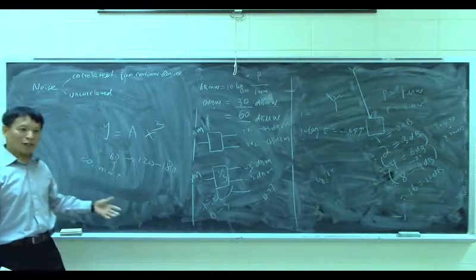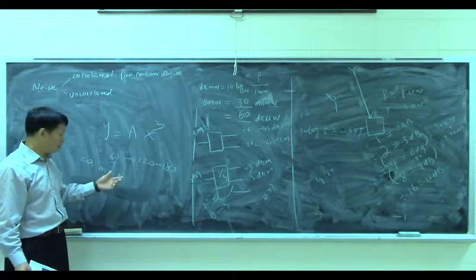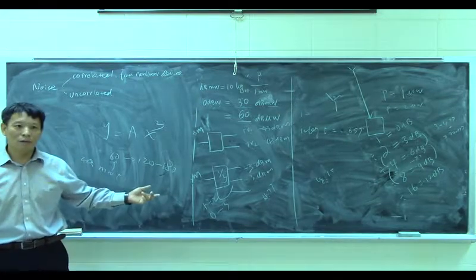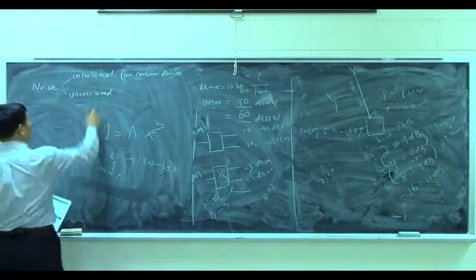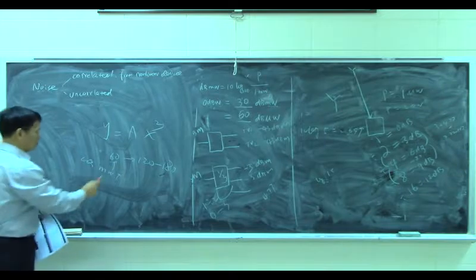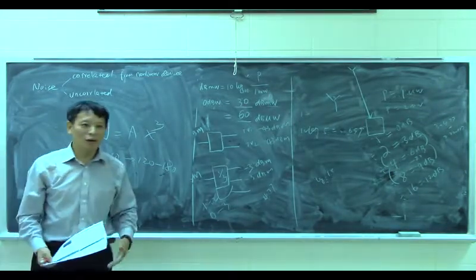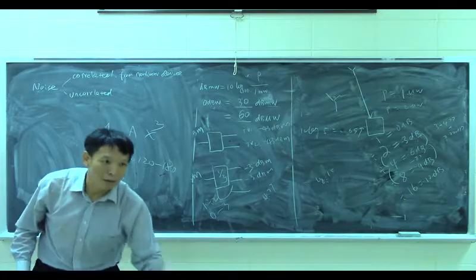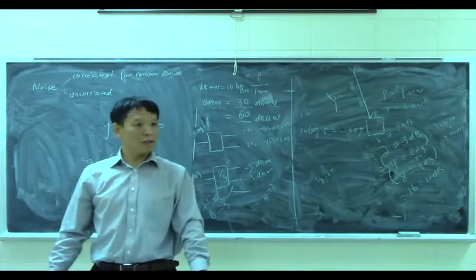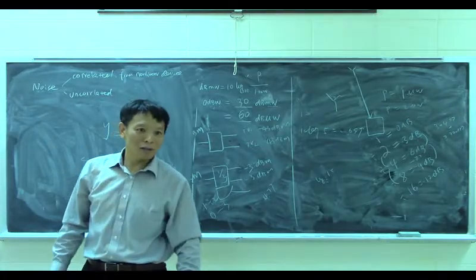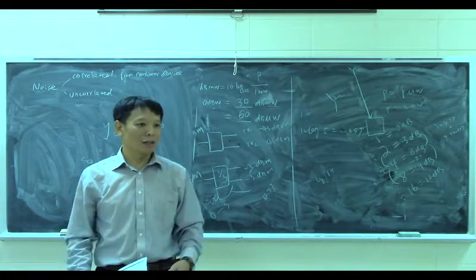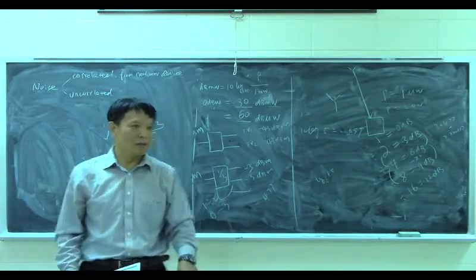If your communication system operates, then this noise is always there. So that is called correlated. Uncorrelated means not related to this. It's, for example, man-made or external. For example, I can interrupt your communication, but I can stop this. So it's not necessary.